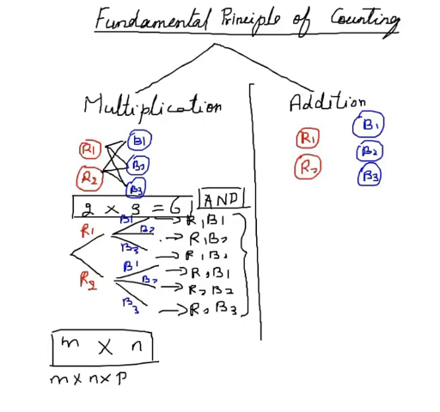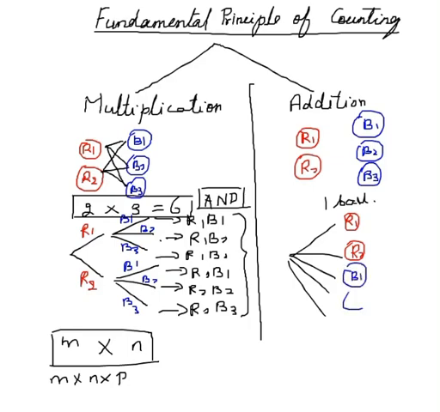It may be either red or blue. So I have to select only one ball here. So how many ways are there? I am selecting one ball, so it may be R1 or R2, or it may be B1, B2 or B3. So how many ways do I have? 5 ways.